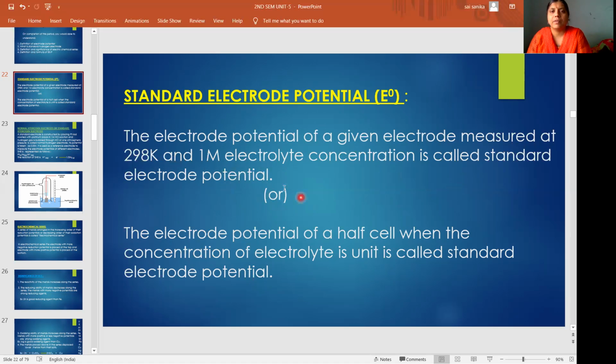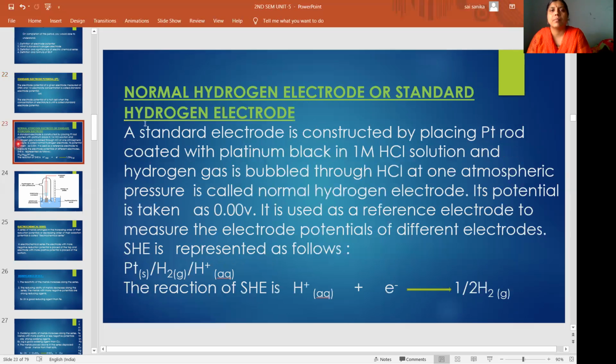Or in another way we can define it: the electrode potential of a half cell when the concentration of electrolyte is unit, that means 1, is called standard electrode potential.